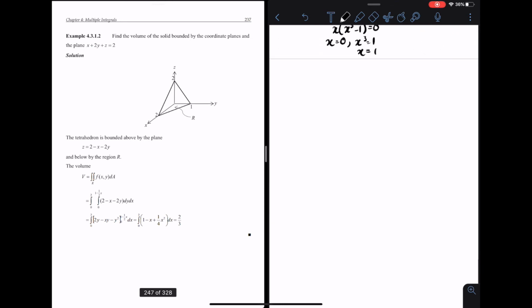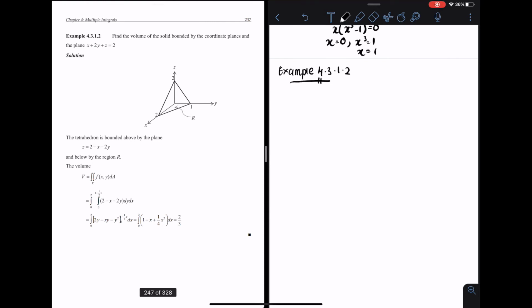So this example, let me write down first. Example 4.3.1.2. In this example, we are talking about the usage of double integral to determine the volume of the solid.